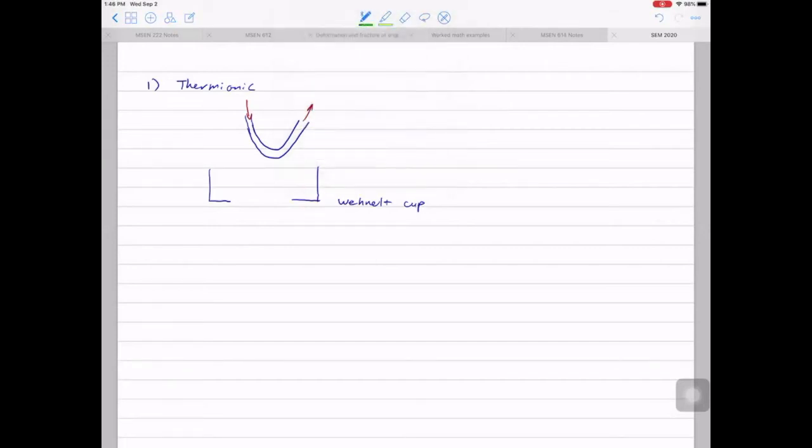Then the Wehnelt cup applies a bias to extract electrons out. As the name suggests, it's called a thermionic gun. The filament temperature is usually around 2,700 degrees Celsius. So it's very, very hot.